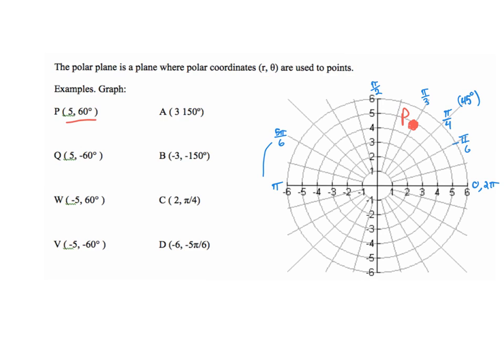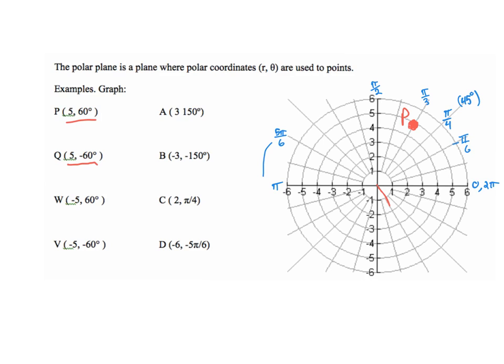Let's take a look at point Q right here: 5 comma negative 60. First off, why don't you try to graph it? And then once you are done trying it, we'll come back and check together. Okay, so first I'm going to go down to negative 60 degrees, which would be along this line, and I'm going to go out 5 units.